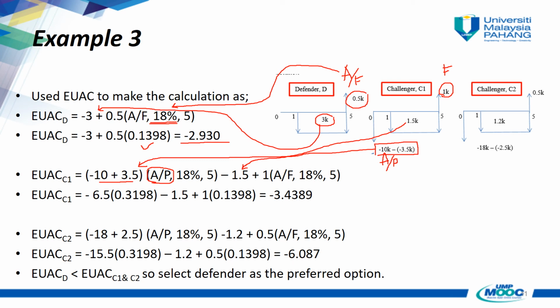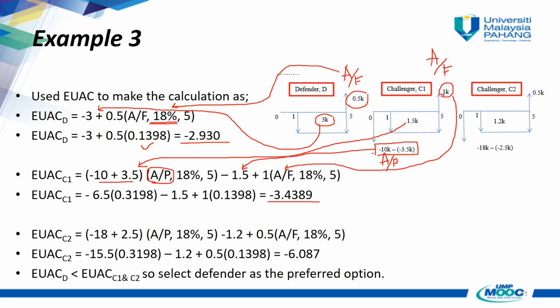So we need to transform it by finding A when you know the F, multiplied by 1. If we calculate all the values that we transform, and also take the values from the compound interest table for 18%, we will see that for challenger number 1, the EUAC becomes negative 3.4.